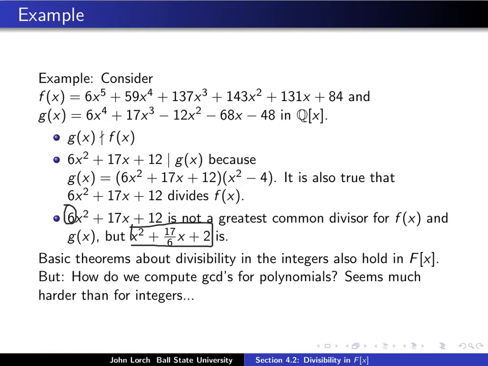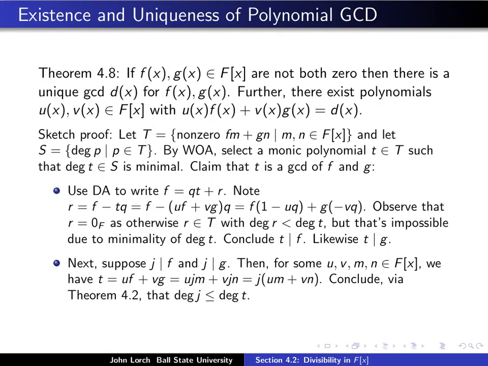And it seems that these computations with polynomials are going to be a bit harder than they were for integers. Before we make more computations with divisibility, it's probably good to have a few facts under our belt regarding greatest common divisors.